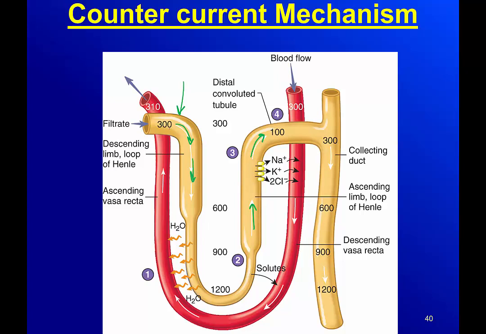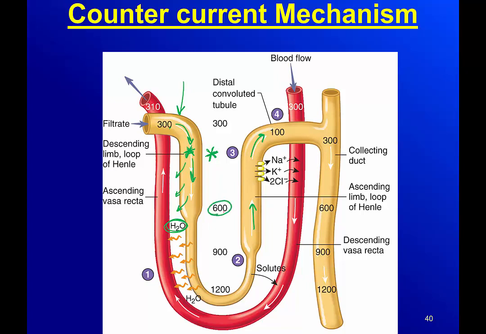So remember that in my descending loop of Henle, I am losing water, right? This is the thing that I'm getting rid of, is the water. And as I go, my goal is the concentration that's in here is equal to the concentration that's out here in my interstitial fluid.